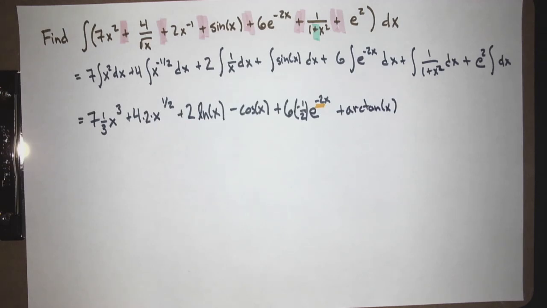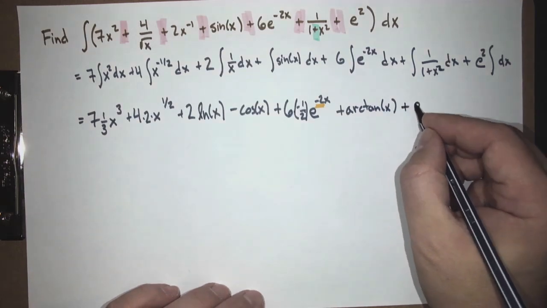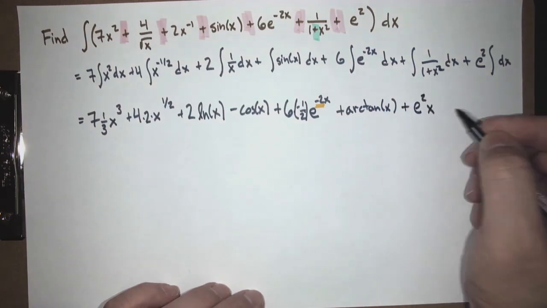Maybe there's just one. But there's a lot of love towards arctangent. It's a great function. You'll see it a lot. Okay, what's the integral of e squared? Yeah, e squared x. So it's that constant times x. All right, is that it?